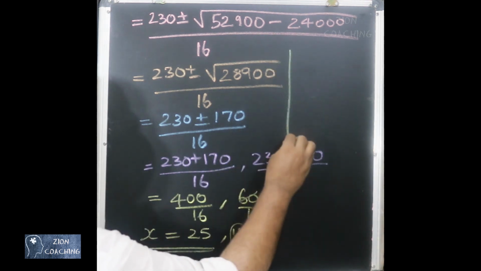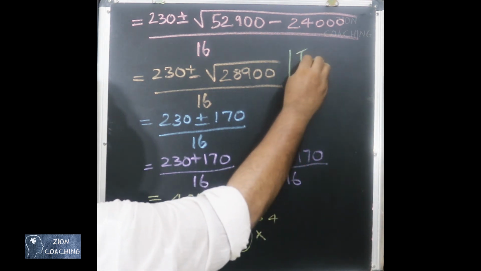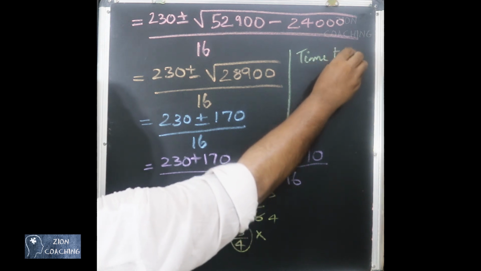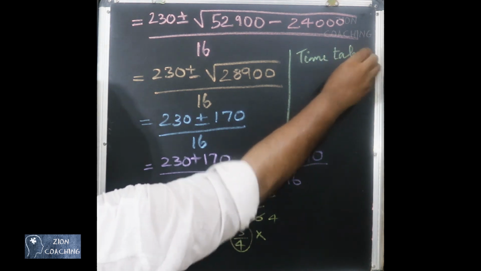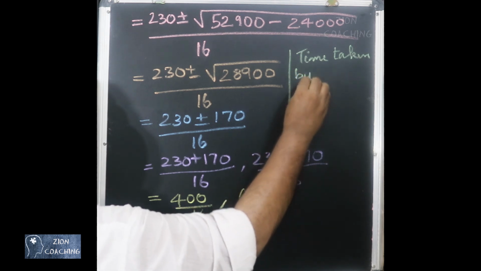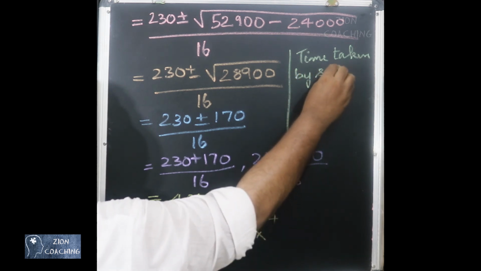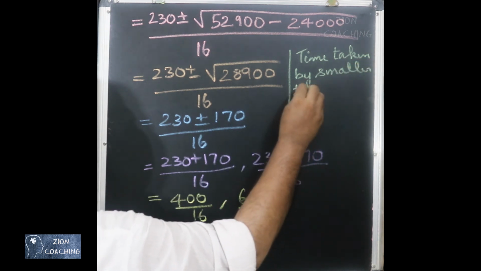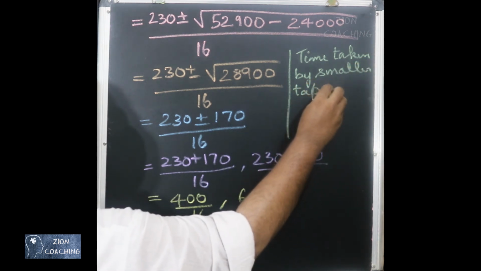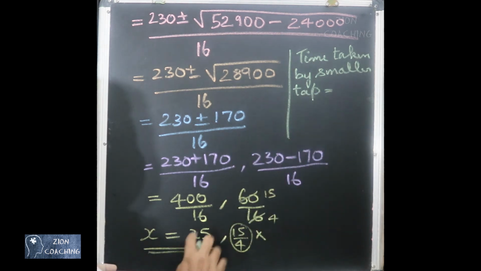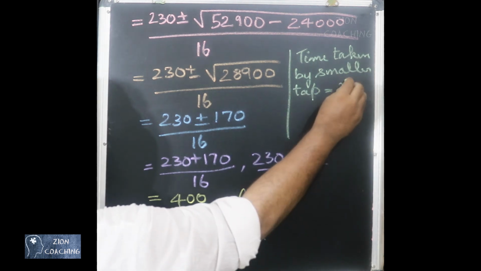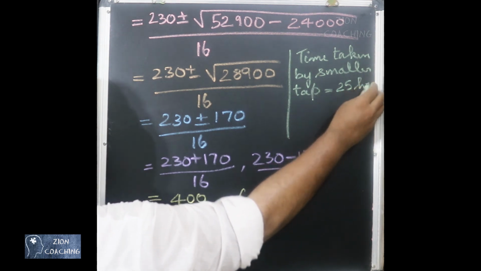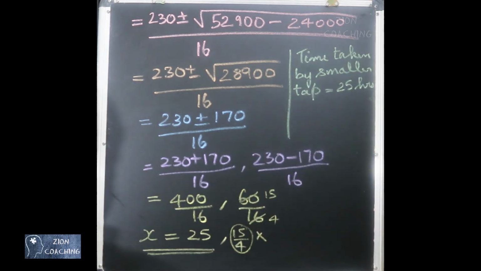I will write the answers here. Time taken by the smaller tap. We have taken it to be x, and we have found the x value now. So the time taken by the smaller tap alone to fill that tank is 25 hours.